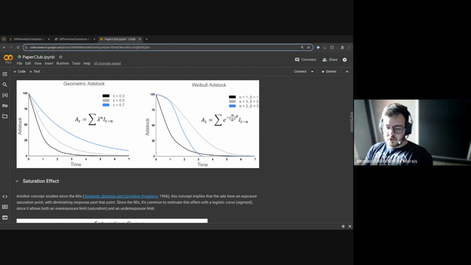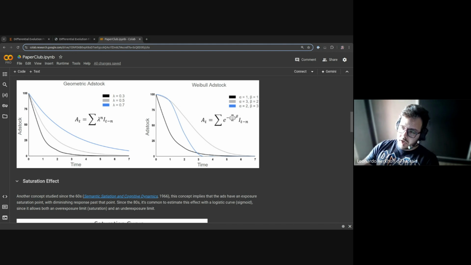Basically, saturation has also been studied since the 60s. A fun fact here is that the first paper that mentioned something like this is not related to marketing at all. It was a psychology paper where they studied the effect of overexposure of any message to an individual and saw what's the result of this.